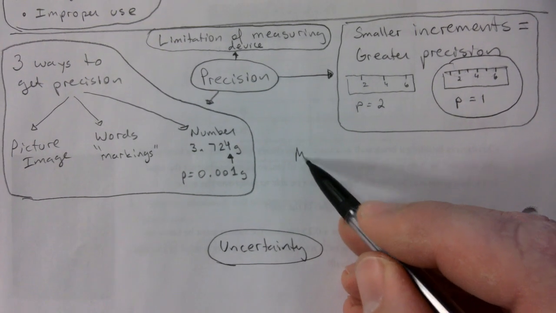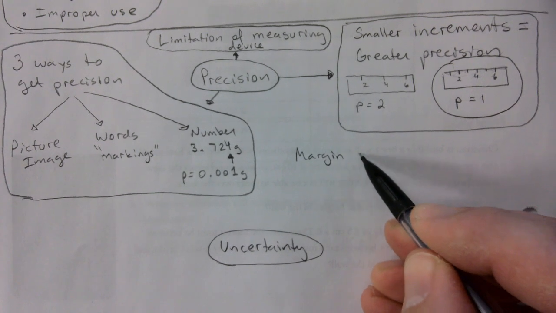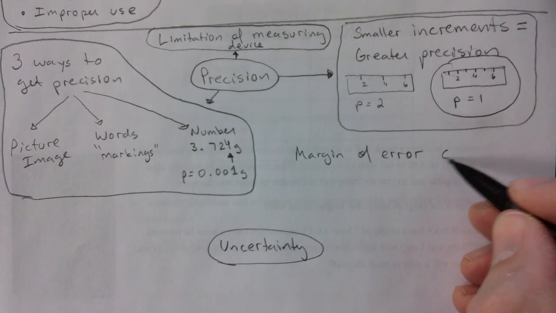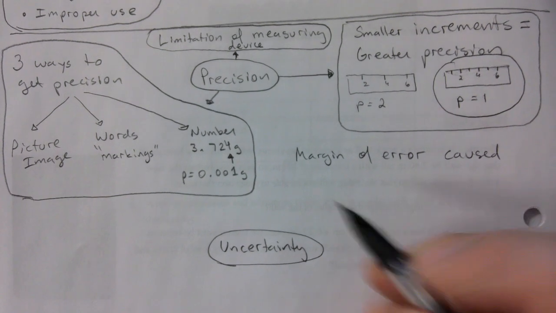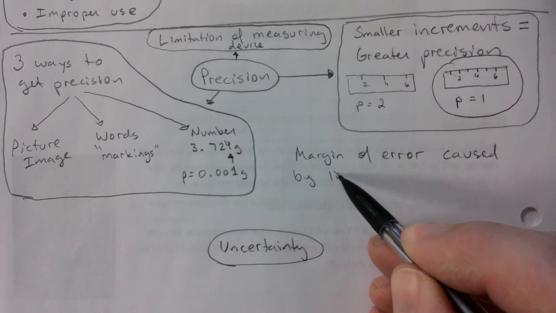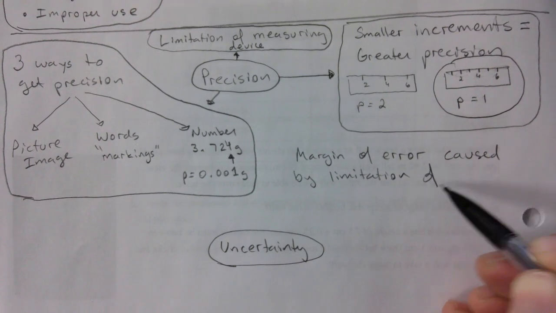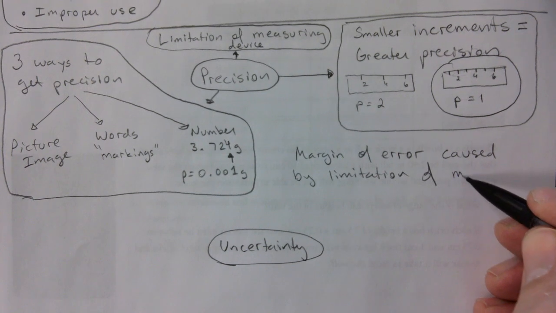It's the margin of error, caused by limitation of measuring device.